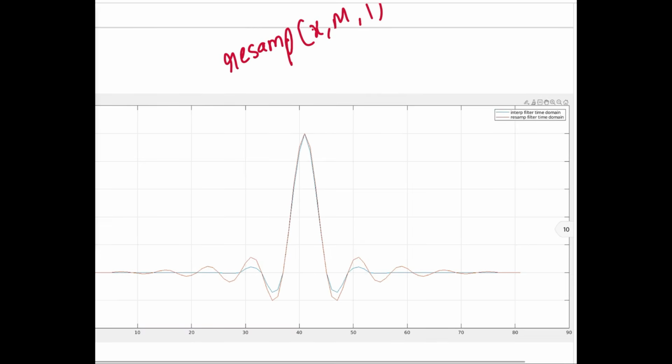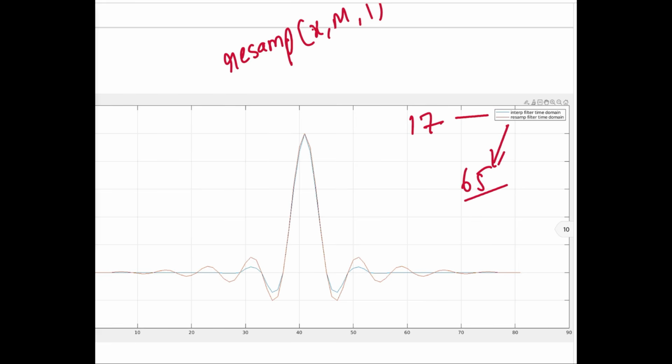This resample function uses a different, better filter, better in terms of being a sharper filter. Here I'm comparing the time domain response of two different filters. Blue is interp and red is the resample function. The filter length of the interp function was somewhere around 17, and the filter length of the resample function is somewhere around 65, if I remember correctly.